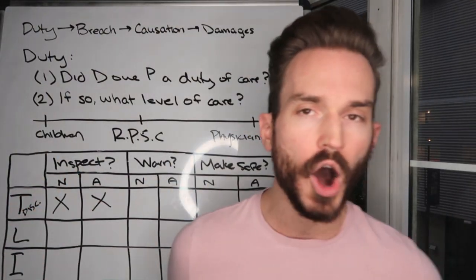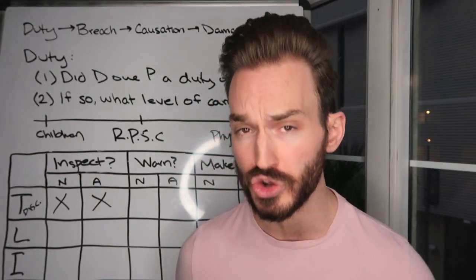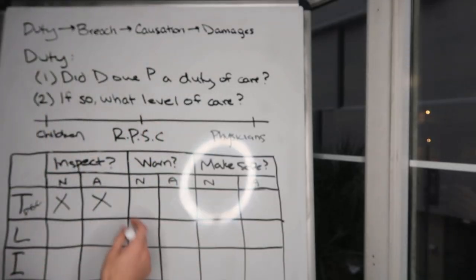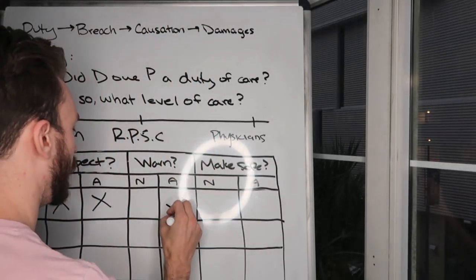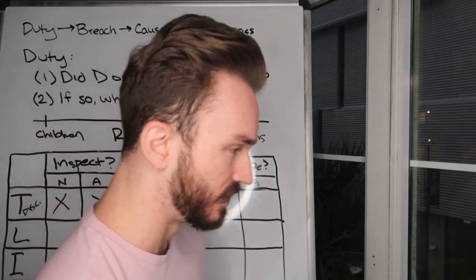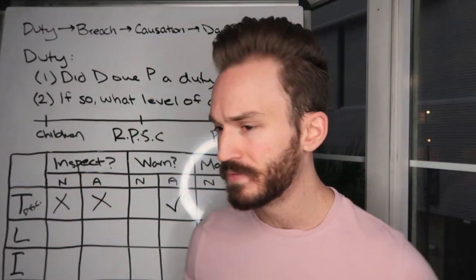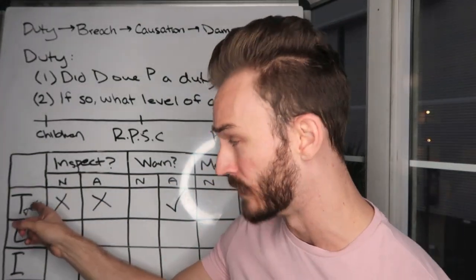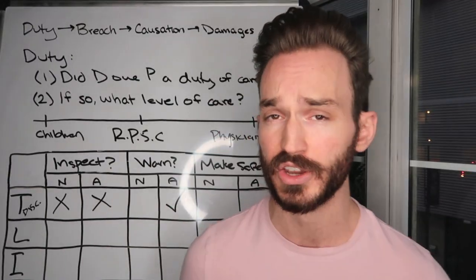So if you know there's a hidden danger on your land, do you have a duty to warn? Only if the hidden danger is artificial. If it's an artificial condition, like exposed electrical wires or something that is man-made, you do have a duty to warn entrants, trespassers, discovered trespassers of that artificial condition.